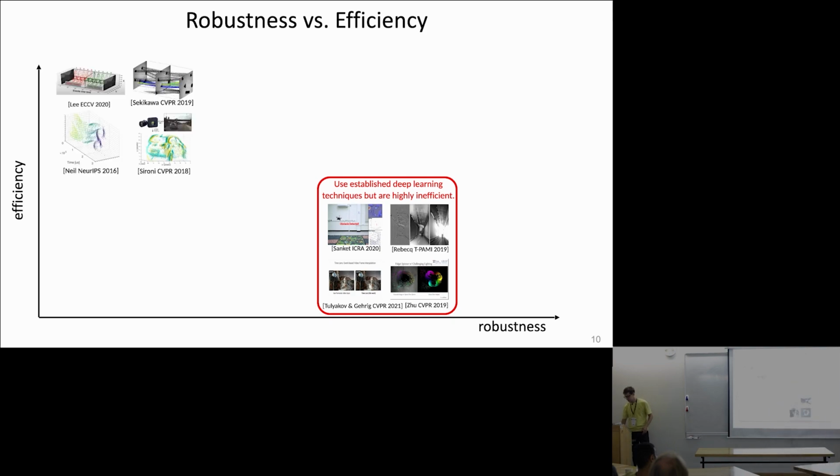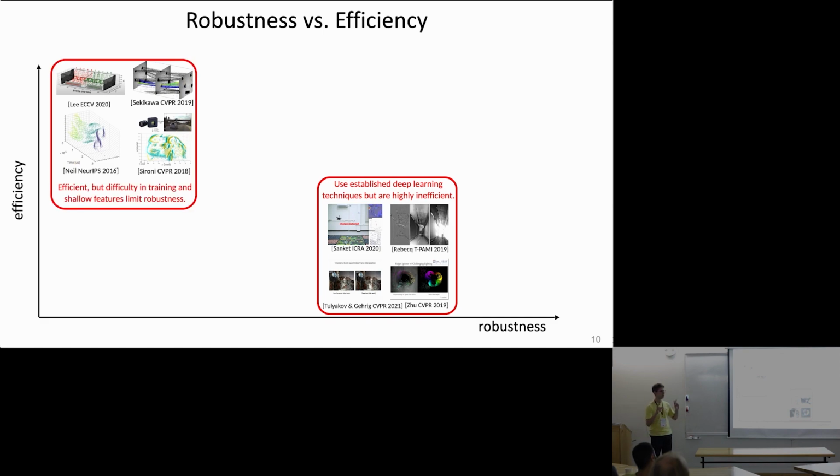So one of the things that has been done is that other models, such as spiking neural networks, have been used to instead process events in a more bio-inspired way. But these models are still difficult to train, because they don't have mature learning algorithms, and also they often rely on handcrafted or shallow features.